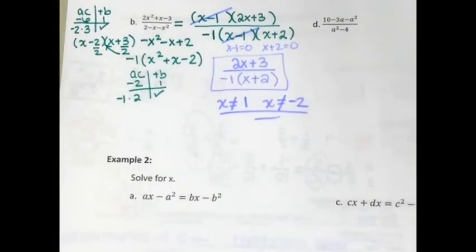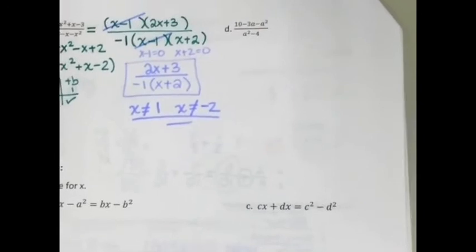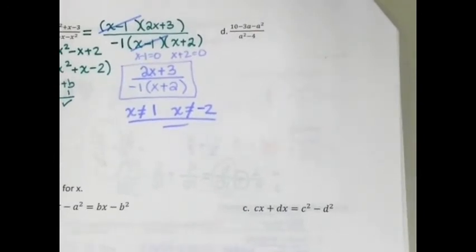Okay. All right, go ahead and do D on your own here. Go ahead and factor this. And if you notice, the numerator is exactly like we did this denominator. So go ahead and factor out or rearrange it first.